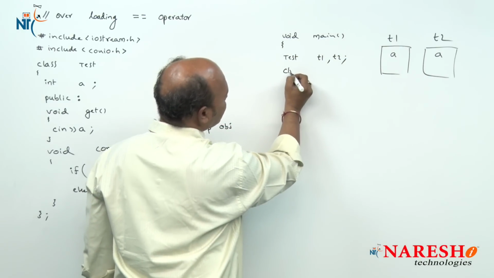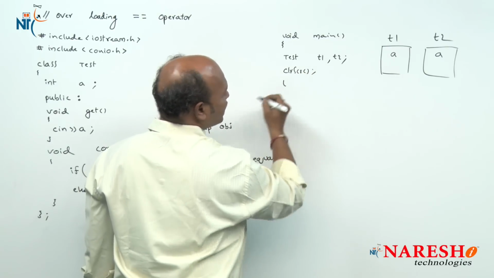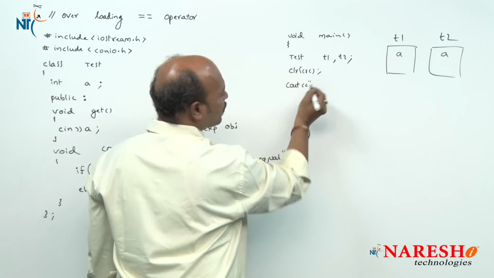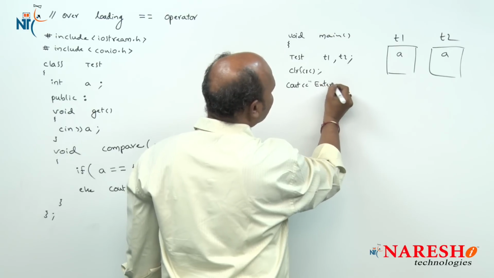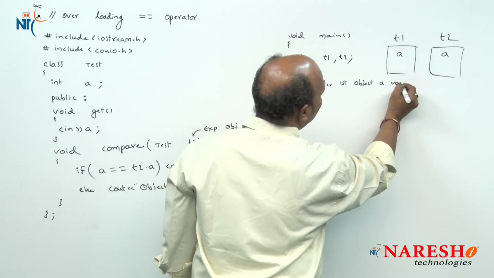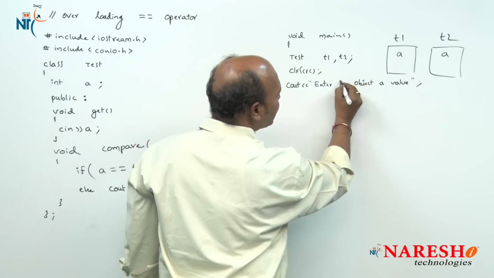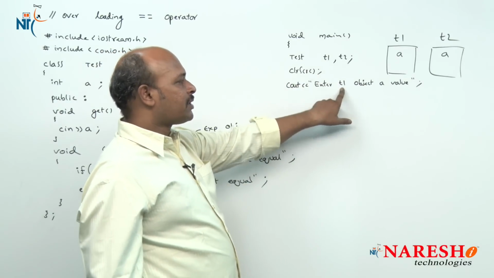Later see this CLRSCR, screen clear. Later here I am going to write like this, cout, okay, cout, enter first object A value. Otherwise, more clearly you can write like this, enter T1 object, directly you can enter the T1 object name.